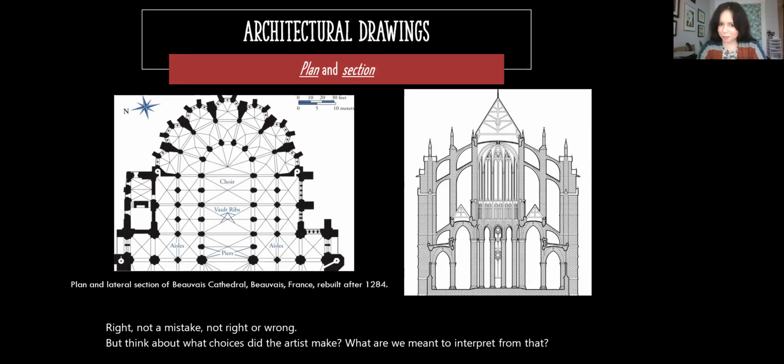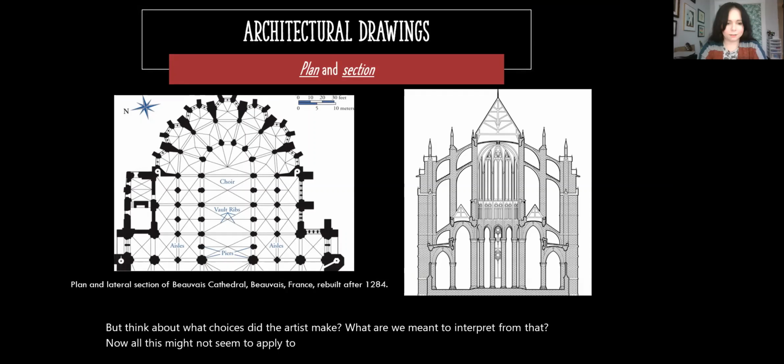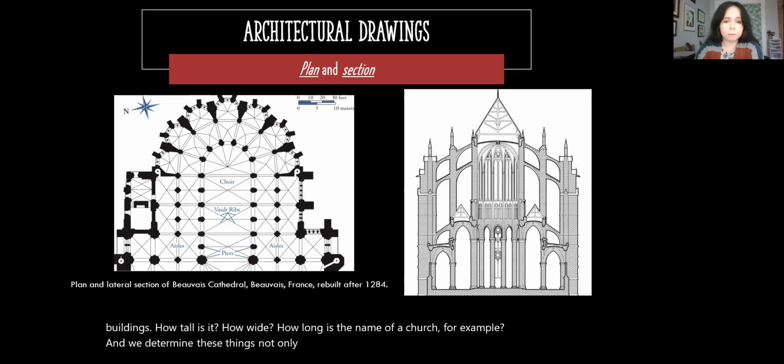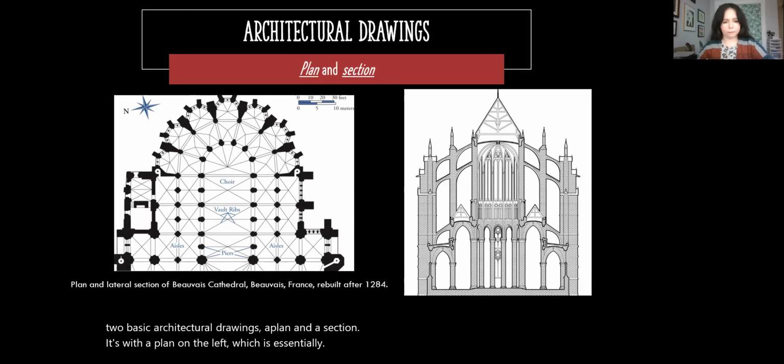Now, all this might not seem to apply to buildings, but it does. Scale, of course, applies to buildings. How tall is it? How wide? How long is the nave of a church, for example? And we determine these things not only through photography that I showed you in the intro, but in two basic architectural drawings, a plan and a section. So we have a plan on the left, which is essentially a diagram of the building as if we were looking at it from above and we had sliced through, almost like a cake, the vertical structure of the church.